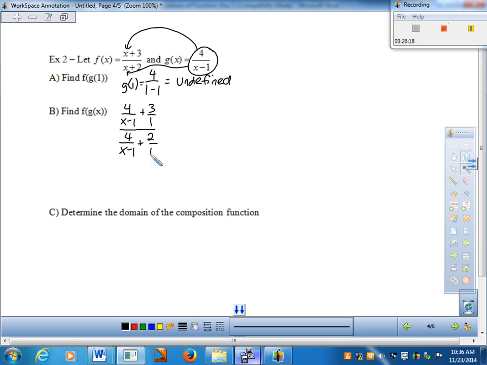Okay, looking pretty good. What do you happen to notice here is when I've created f composed of g of x, I have a compound fraction, and so I do want to clean this up quite a bit here. So the way we've done this in the past is by looking at, in this case, the 4 fractions, 1, 2, 3, and 4, and coming up with the LCD. In this case, the LCD seems to be x minus 1, hoping everybody sees that.